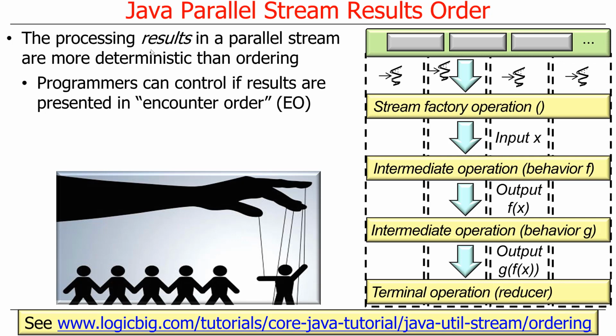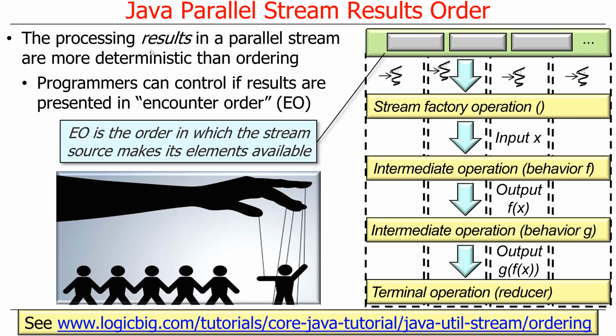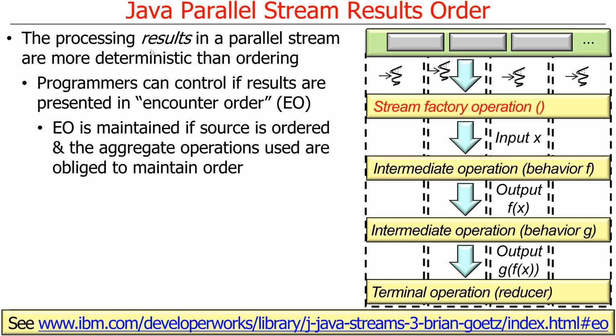So if you had an array or a list, encounter order is the order in which the elements are encountered, starting from the 0th location to the 1st location to the 2nd location to the 3rd location, and so on and so forth. So it's essentially the order in which the stream source, like an array or a list or a hash set or whatever, makes the elements available.